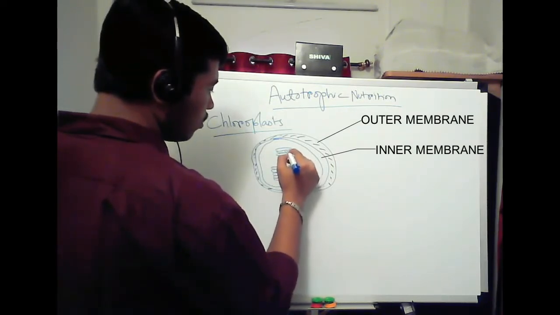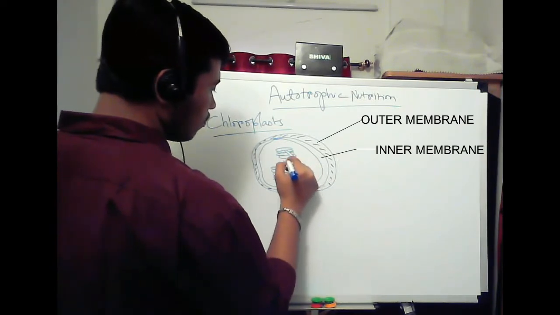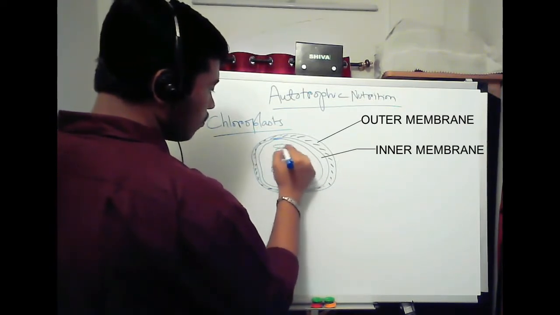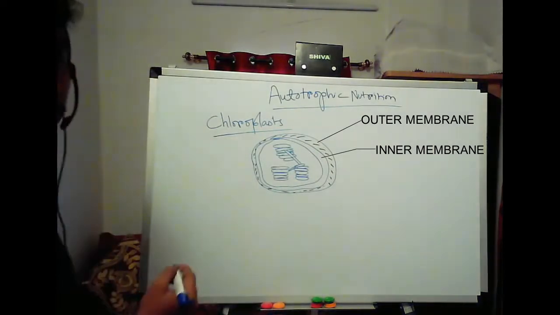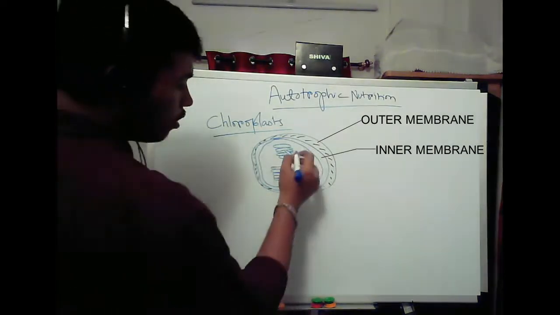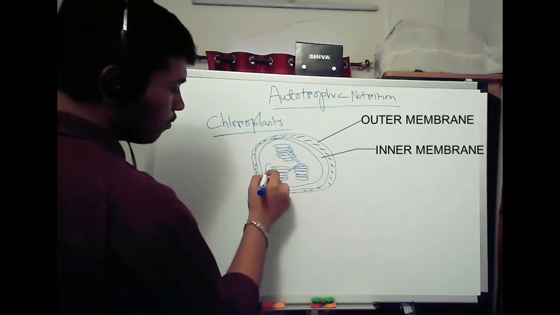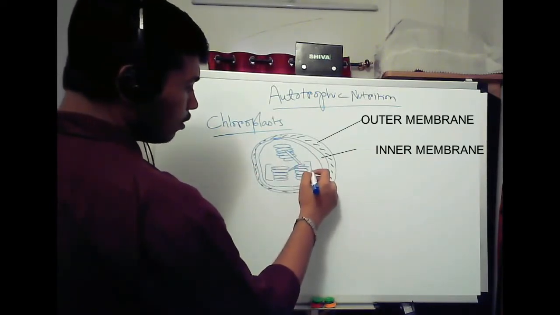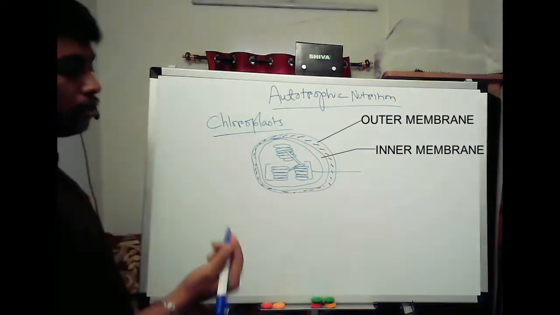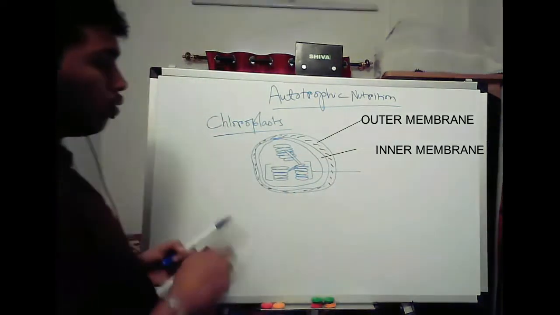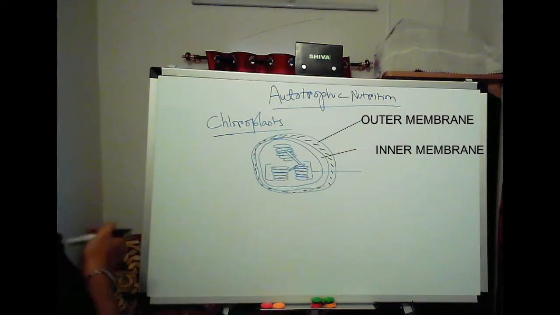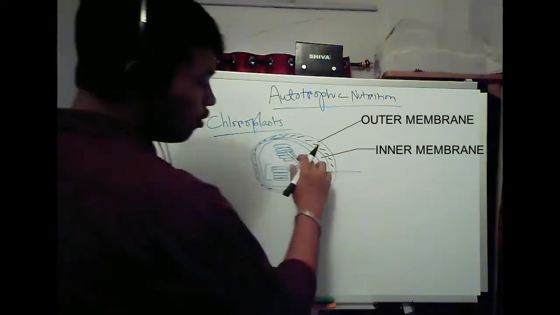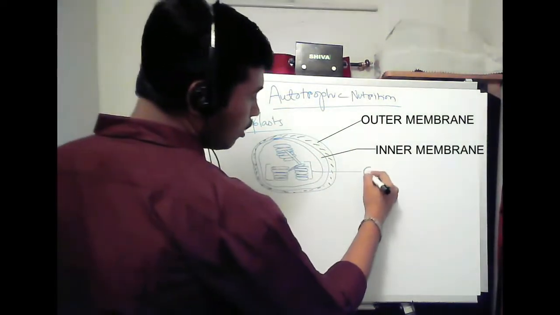Now, what are these? This whole set, of course, in biology you always do the right-handed diagram markings. This whole thing will be known as a grana.